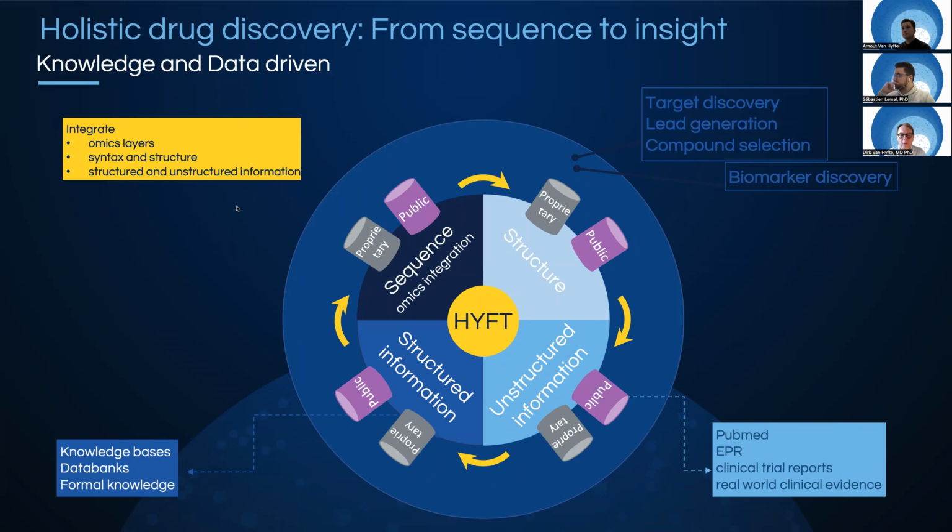If we have a broad perspective on our platform, you can see that we support 4 different quadrants. If I start on the left side, on top, there you see that we have the whole sequence omics integration. So we have a way to integrate DNA, RNA, and amino acids, both in public data sources, but also in your own proprietary data. This sequence, so call it the syntactical information at the sequence level, is also combined with structural information, and even further with unstructured textual information.